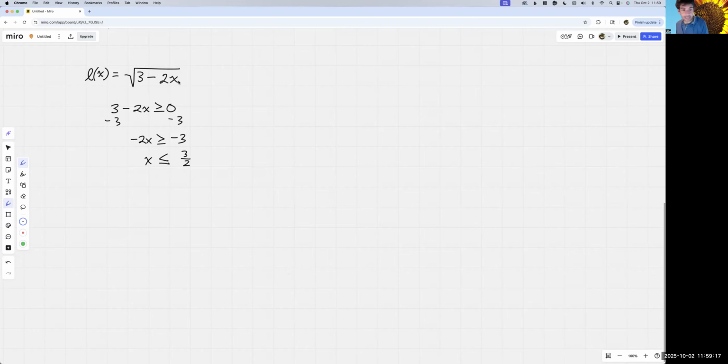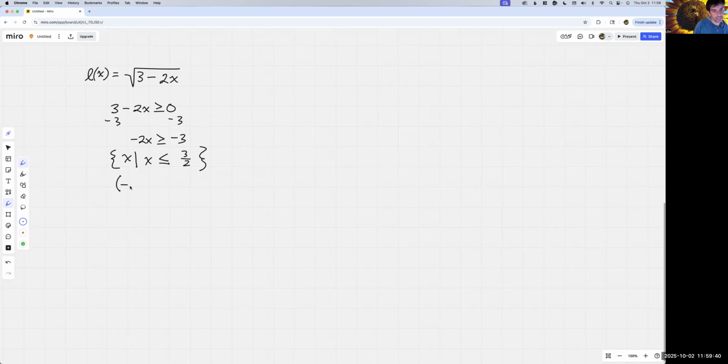So there's our domain. We can write it as an inequality here. I could make this into set builder notation. I can write it as interval notation. Oops, sorry, I did this backwards. We're not greater than 3/2. Pardon me. Let's do that again.